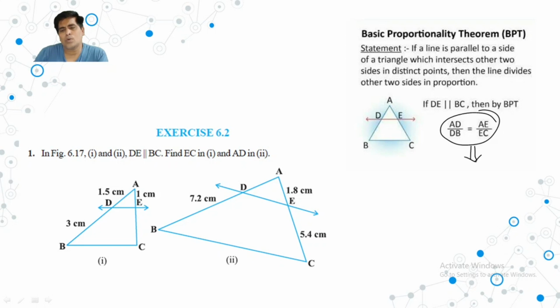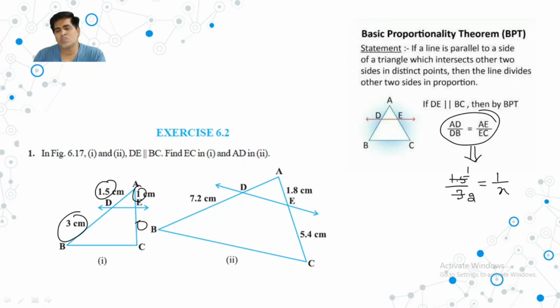Now I will substitute the values. AD value is clearly 1.5 by 3. So 1.5 by 3 is equal to 1 by something. That something I'm taking as X. So I have to find this X value. So cross multiply it, or else simplify this one. 1.5 and 3 goes as 1 and 2.